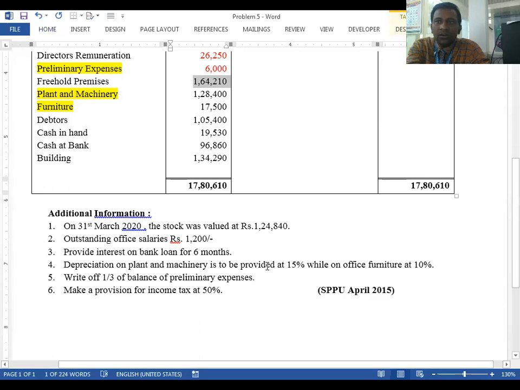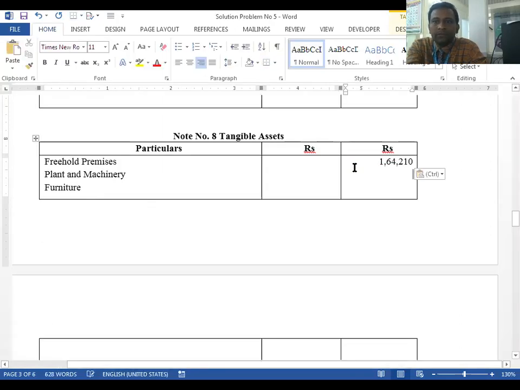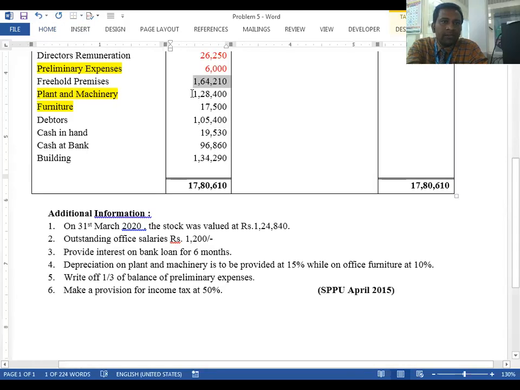Only adjustment of depreciation is given on the plant and machinery and office furniture. So the balance of freehold premises is directly transferred to the outer column. Then plant and machinery, there is an adjustment regarding the plant and machinery and furniture.